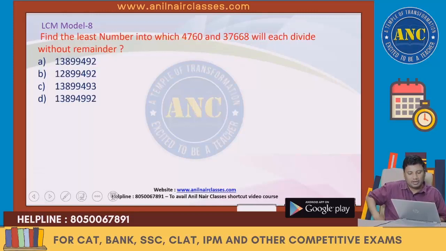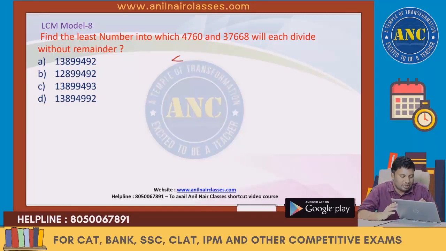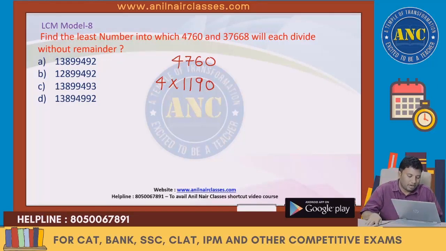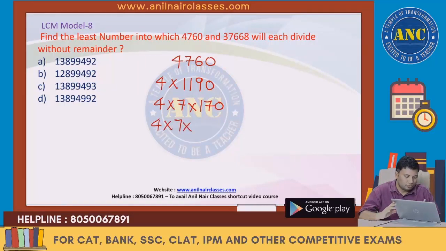Find the least number into which 4760 and 37668 will each divide. 4760 is nothing but 4 into 4 11s are 44, which is 90. 4 into 7 into 170. Am I right? 4 into 7 into 17 into 10. So what you will use? 4 into 7 into 7 into 10.